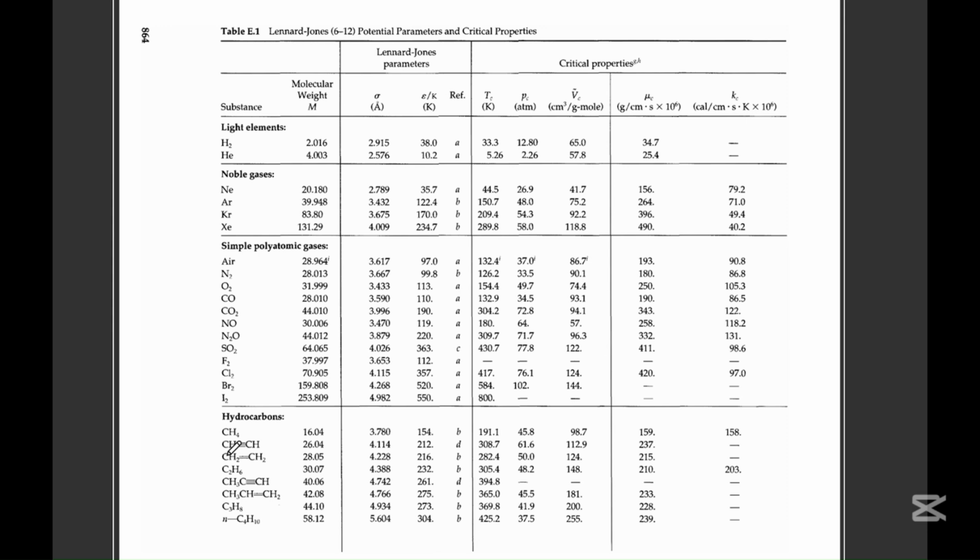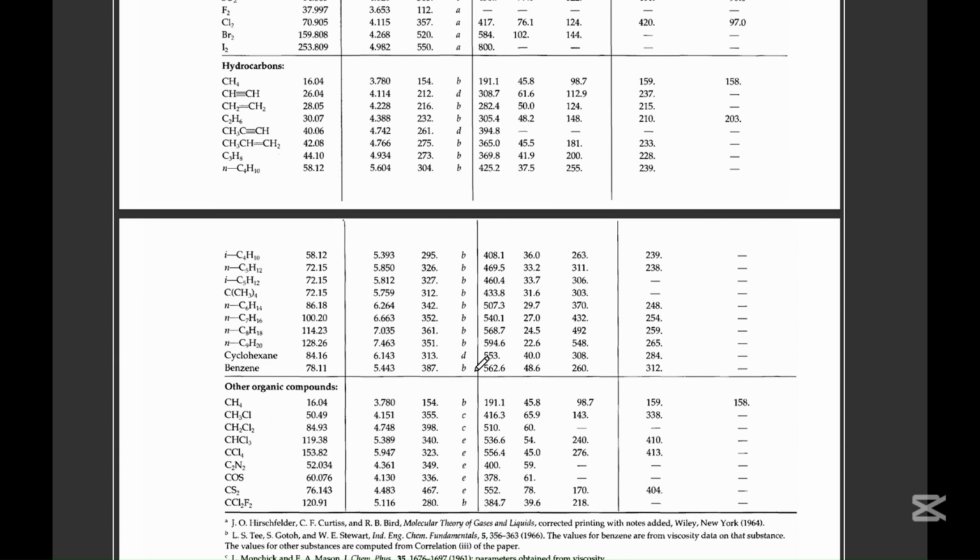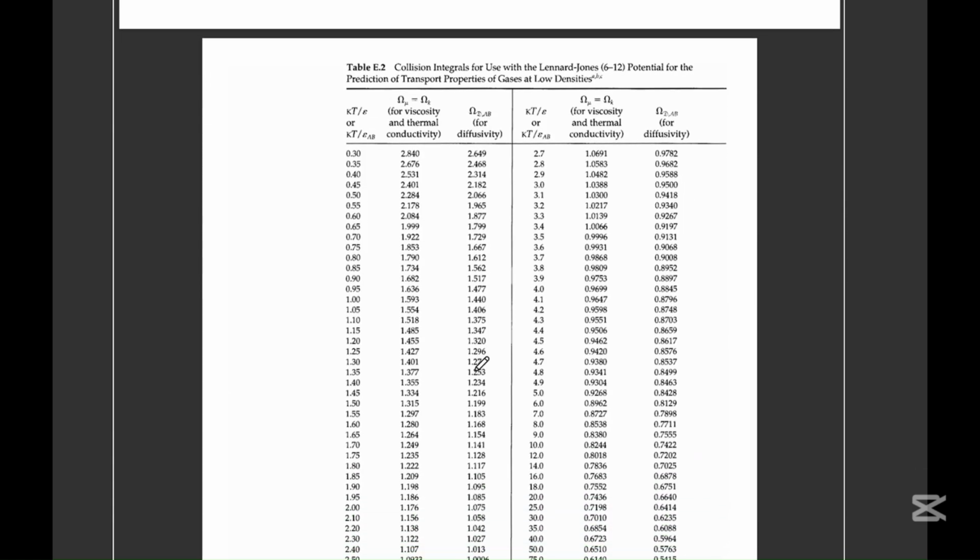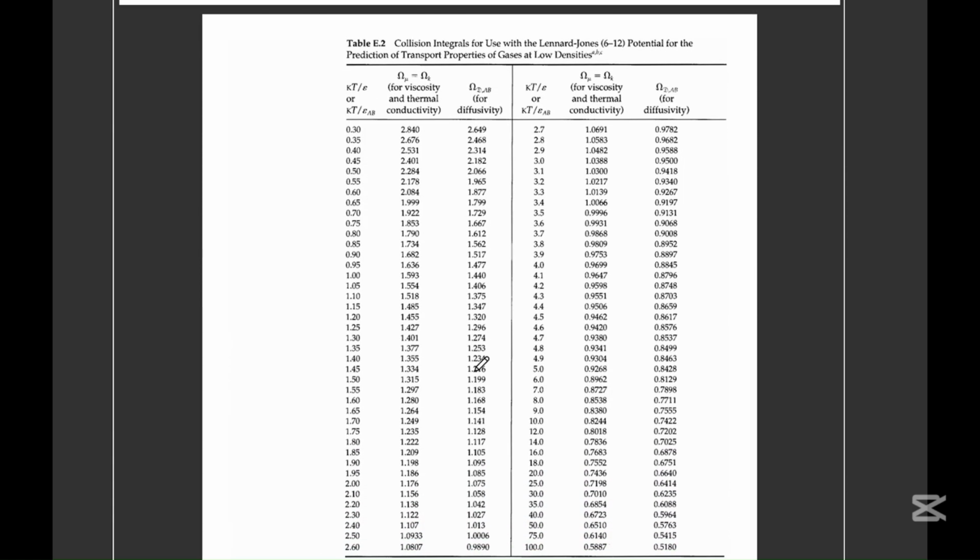Now upon obtaining this, we will also need to refer to Table E.2, which is for the calculation of collision integrals for different properties and different temperatures. For whatever temperature is required, we will multiply the kappa upon epsilon value by the temperature.